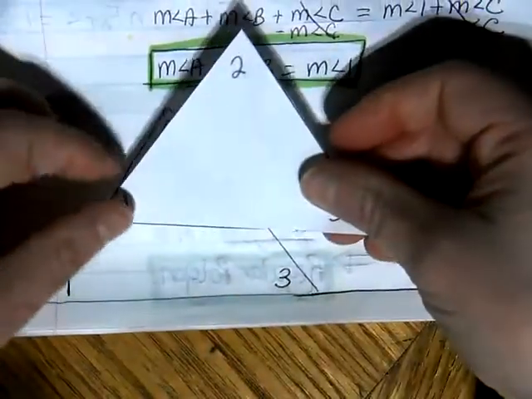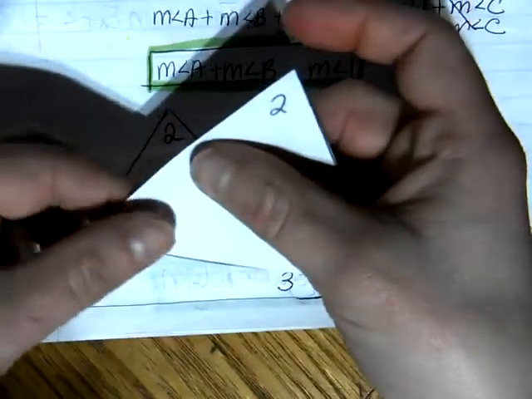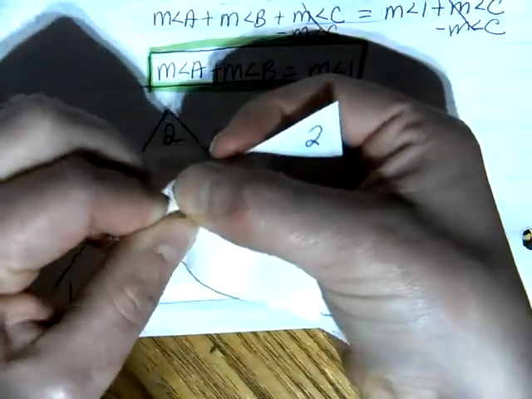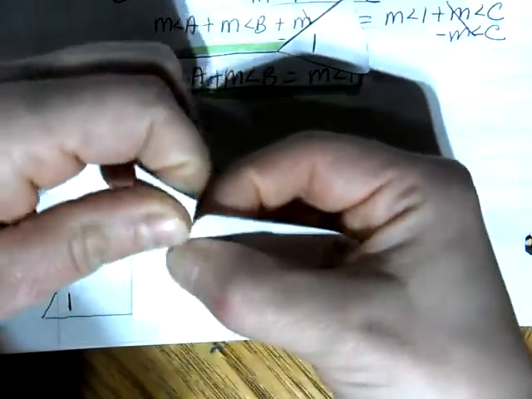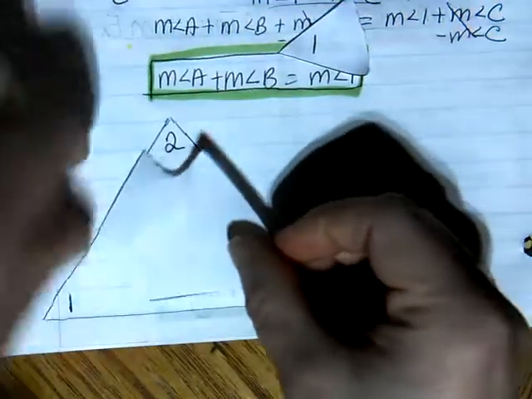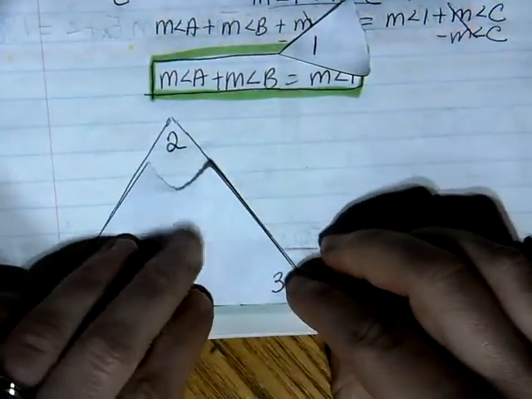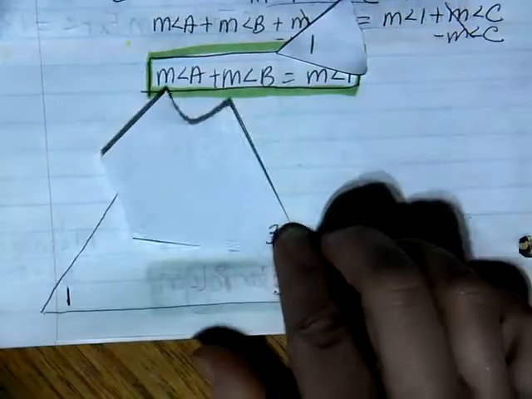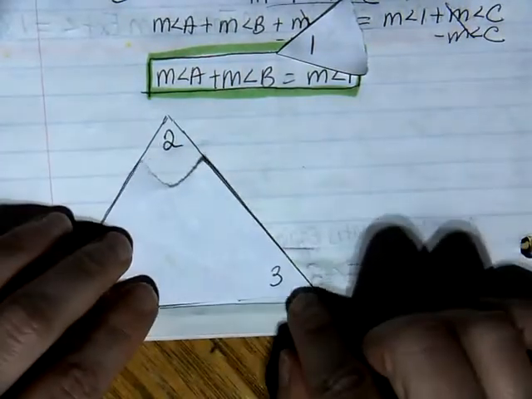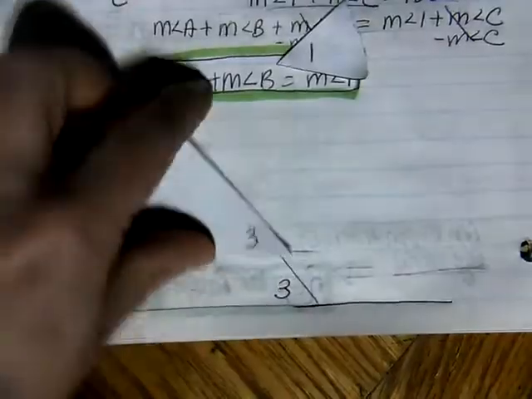What I want you to do right now is pinch and rip just angle 1 and pinch and rip angle 2. Make sure that you still have a little bit of a side, and please go ahead and paste the remainder of this triangle into your notebook. So I'm going to flip it over and paste.